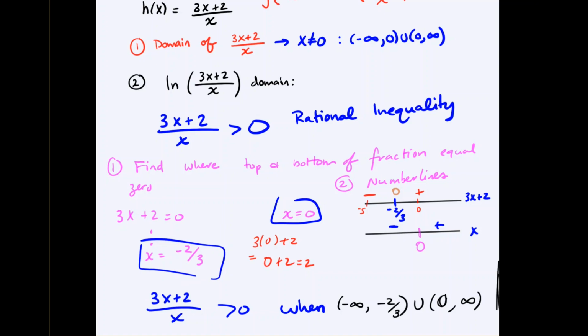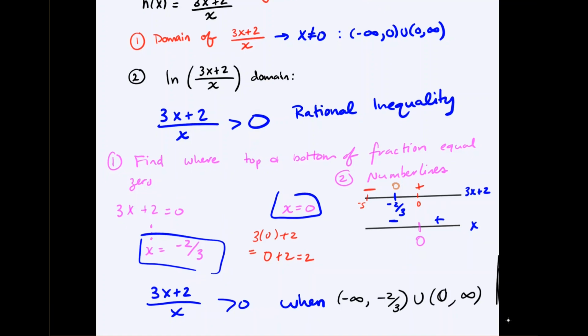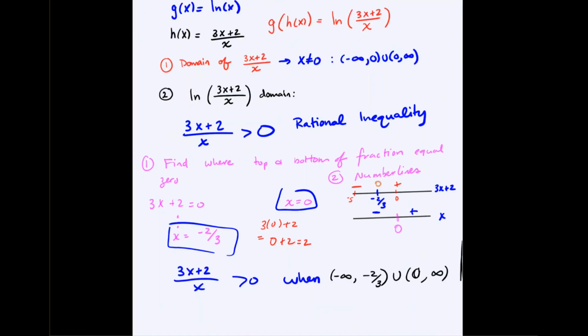So that's the domain restrictions for ln of 3x plus 2, but then we know step 3 is to combine all the restrictions together. So in step 3, we had a few restrictions from the first. We had x can't be 0. And from the second, we had this domain restriction, because what's inside the logarithm can't be negative.